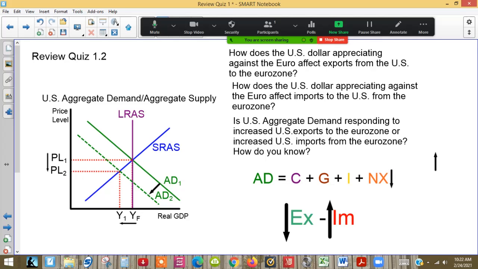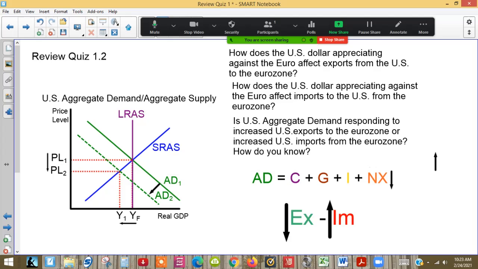If you're subtracting a number that gets higher from a number that gets lower, then the whole expression goes down. And since net exports is a component of aggregate demand, if net exports goes down, then aggregate demand is going to shift to the left. It's going to decrease.